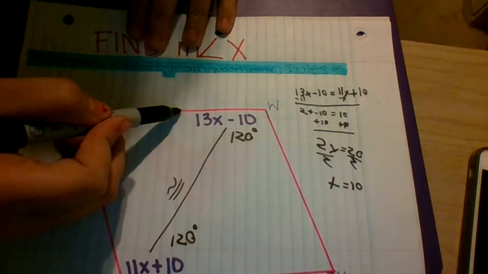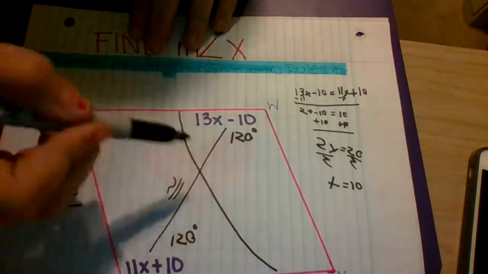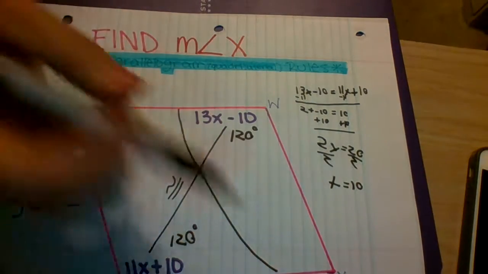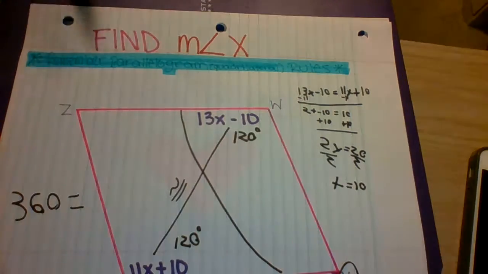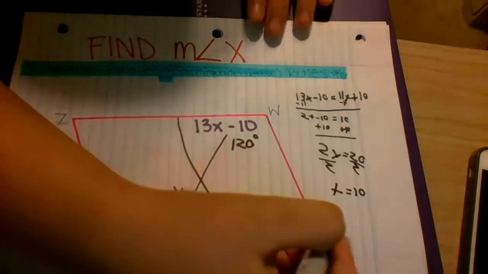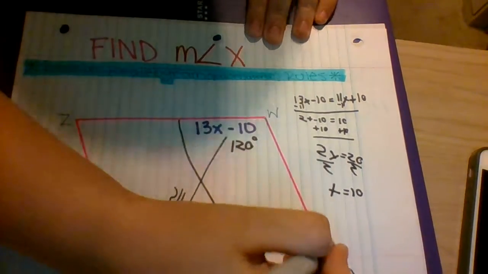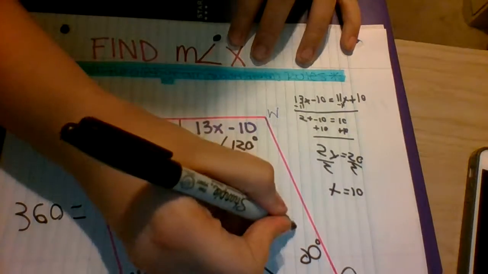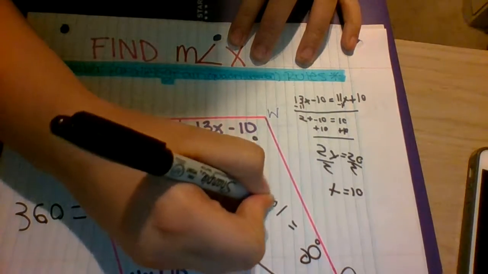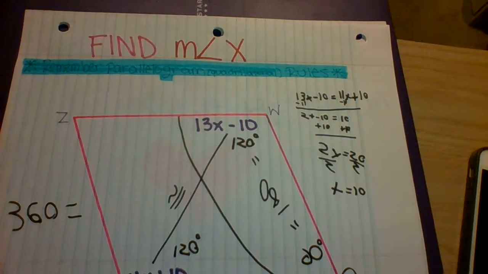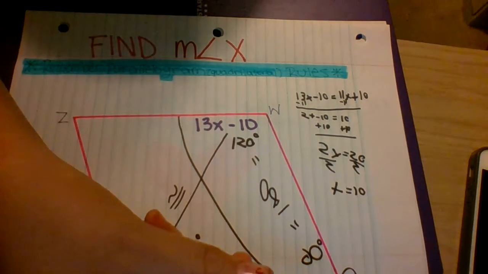So let's use W and X, and since this is 120, we obviously know that the value of X has to be equal to 120, meaning that 120 plus 60 would equal 180 degrees. So this would mean that the x equals 60.